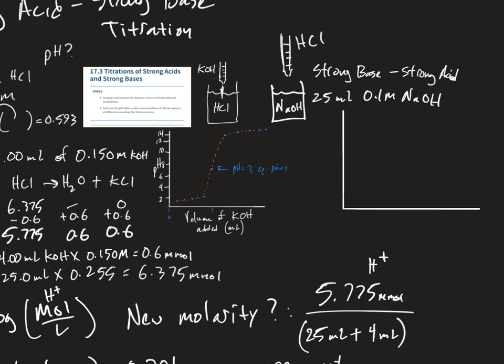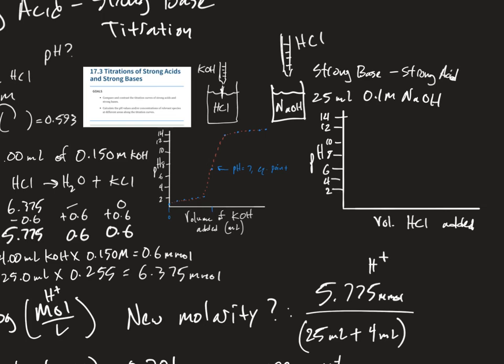All right, that should suffice. So now we have volume of acid added and the pH over here, so our starting pH would be way up here. Let's see, this is 14, 12, 10, 8, 6, 4, 2, etc.